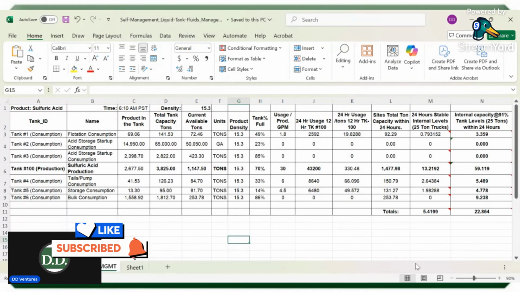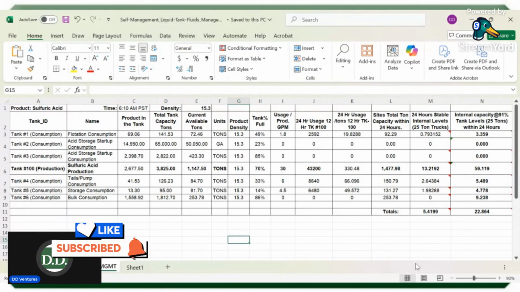What I did while I was working in a mining organization was, on a daily basis, I applied my inventory management and inventory control fundamentals to building out this model and being able to manage the production with the consumption of the tanks across multiple mine sites.